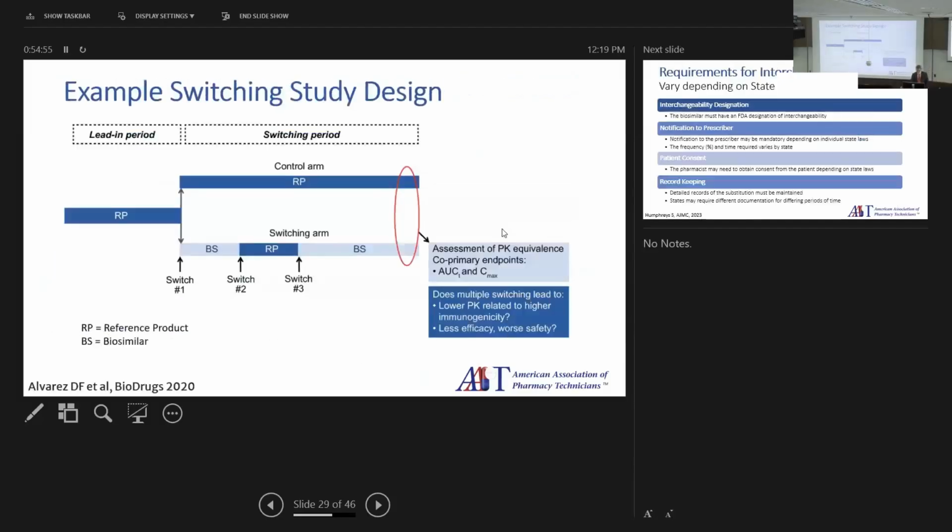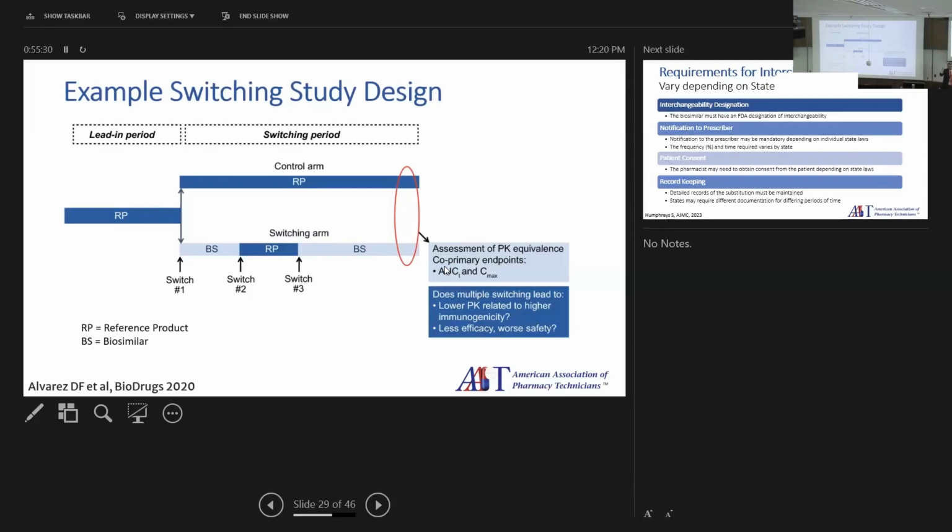Okay, so assessment of the PK equivalence, pharmacokinetic, means that the concentrations of the medications were similar between the biosimilars and the biologic products. And AUC is the area under the curve. If there's no medication in the patient's system before we give the medicine, we can measure what the concentration is when that medication has peaked.